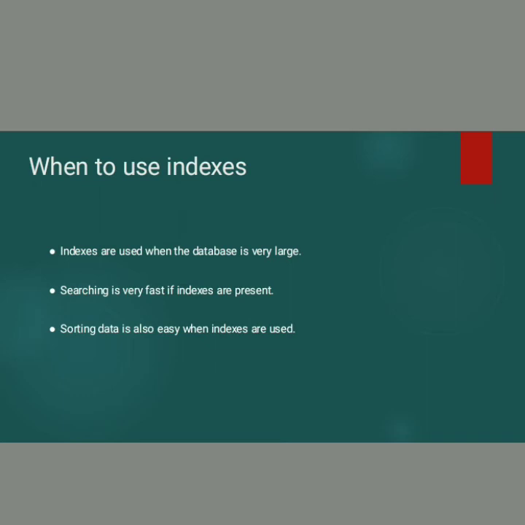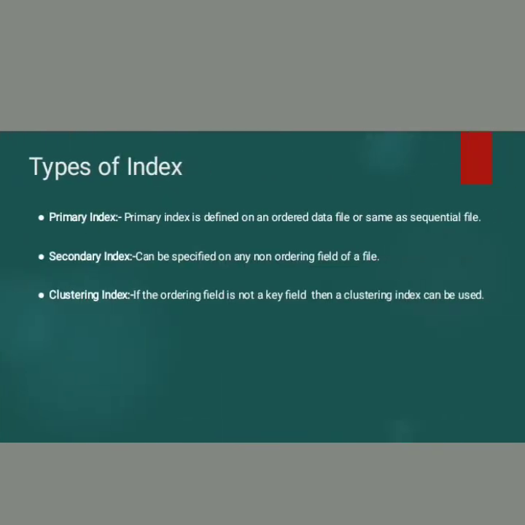Next, when to use indexes. Indexes are used when the database is very large. Searching is very fast if indexes are present. Sorting data is also easy when indexes are used. Next, types of index.